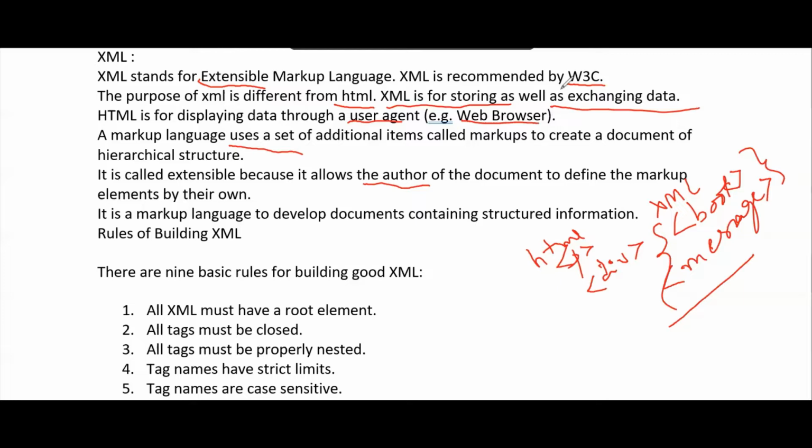You need something like XSLT to display the data in some HTML format on the screen. So the purpose of XML is different from the purpose of HTML. XML is used for storing as well as exchanging data, and it is a markup language to develop documents containing structured information.